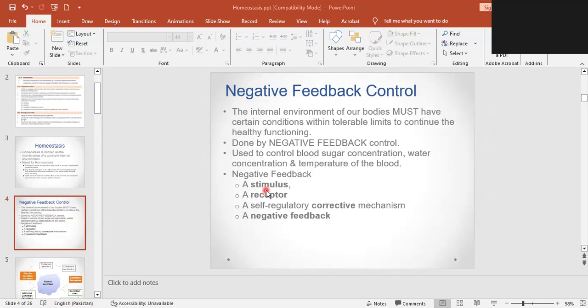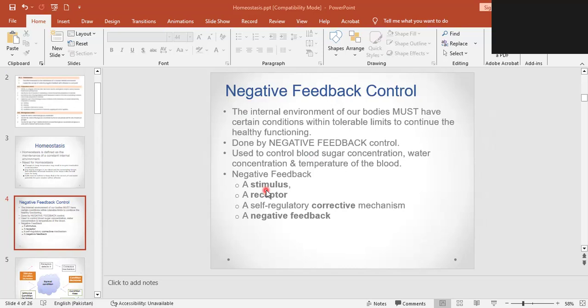It is going to affect my body temperature as well, because I will receive this message. For example, my skin is exposed to the environment, so it's going to receive the message that yes, outside my body the temperature is lower.